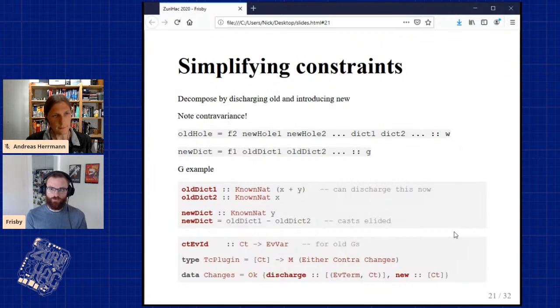I think the only caveat to the advice of taking as small steps as possible is you want to recognize contradictions as early as possible. And ideally, those contradictions would report the constraints that the user would recognize, as opposed to the constraints that you have so far incrementally created until you recognize the contradiction. And there's only so much you can do there. And I guess for now, I consider that sort of a secondary concern because it's only relevant for an ill-typed program, in which case, it's just a matter of how useful the error message is.